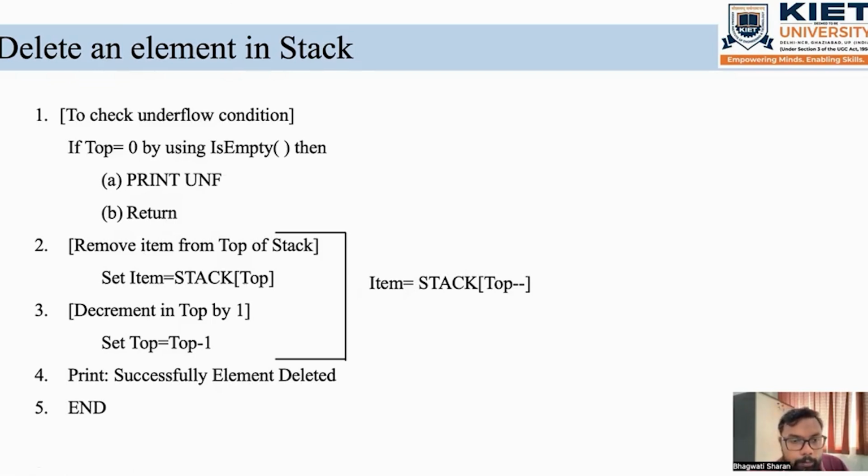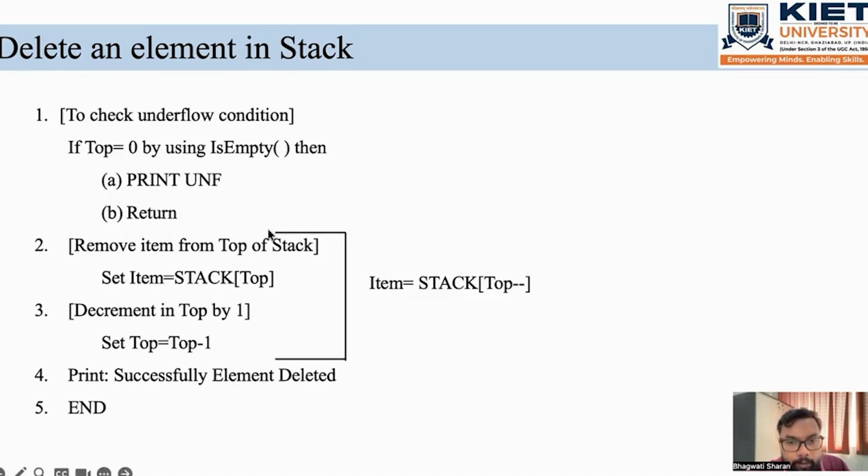For the pop operation, we do a decrement in the top. When inserting, we increment the top, but when deleting, we decrement the top: top is equal to top minus one. So our top is decreasing, and the element is removed by the pop operation.